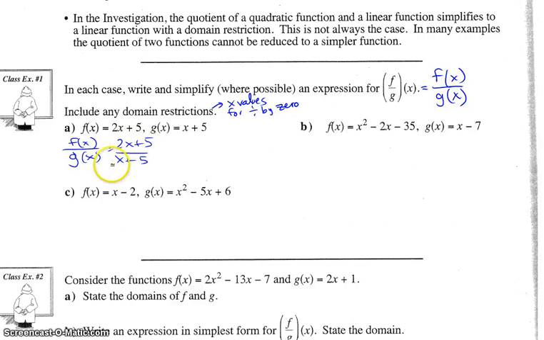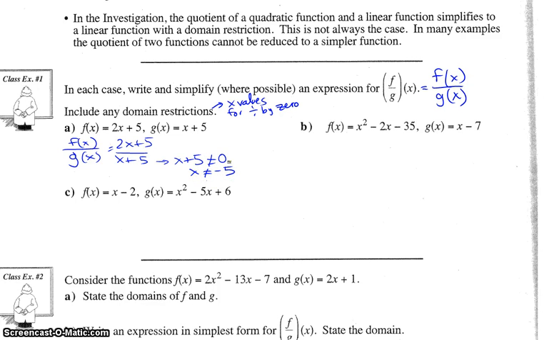There's no greatest common factor amongst the numerator or the denominator terms. You cannot cancel off those 5's, and the reason why is because 5 is not a common factor on top. It's not being multiplied by the 2x, nor is the 5 on the bottom being multiplied by the x, so you cannot divide that. So we have no simplifying to do here, so we're off to the domain restrictions. Let your denominator equal 0, or say cannot equal 0, and then solve for x. So therefore x cannot equal negative 5.